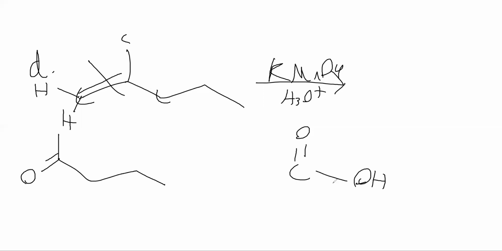But then if we just had this, well, I suppose you might think this would form, but it doesn't, because honestly, I can't really explain exactly why, but you can just remember that KMnO4 is a strong oxidizing agent, and it basically completely oxidizes this terminal carbon here.